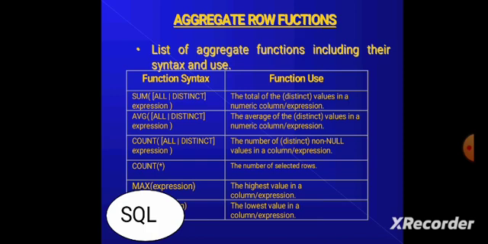If the user uses minimum and maximum with string data, it compares the strings depending on the character set. Then the special case, the count star function argument may be preceded by the key values.